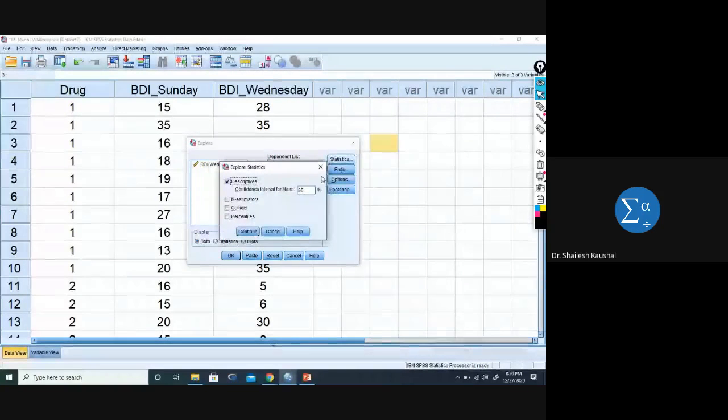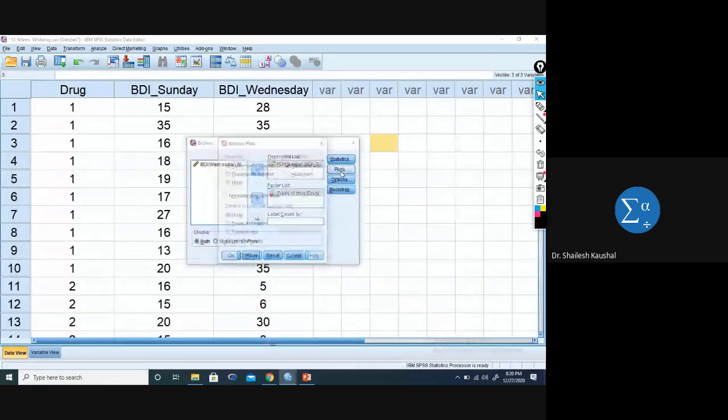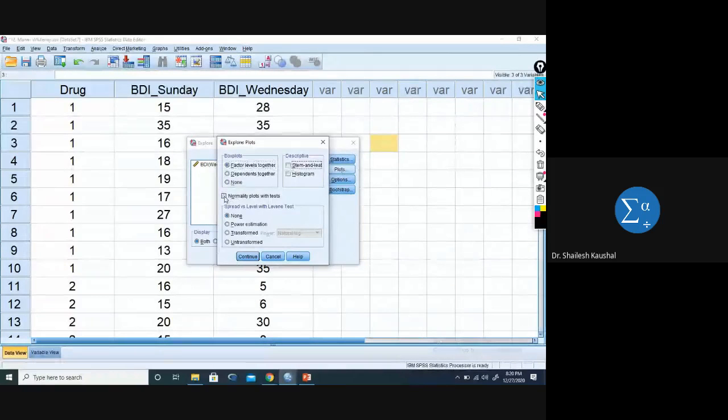Statistics, nothing to do. I need only the normality test and the Levene test. I am checking the normality as well as the homogeneity, so normality and homogeneity with the Levene test. Continue.